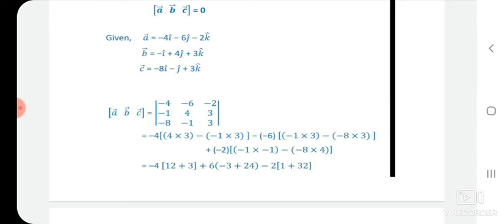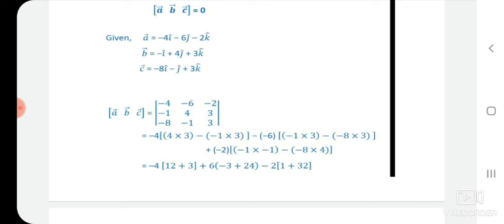It gives minus 4 into (12 plus 3), plus 6 into (minus 3 plus 24), minus 2 into (1 plus 32). If we solve this, 12 plus 3 gives 15.